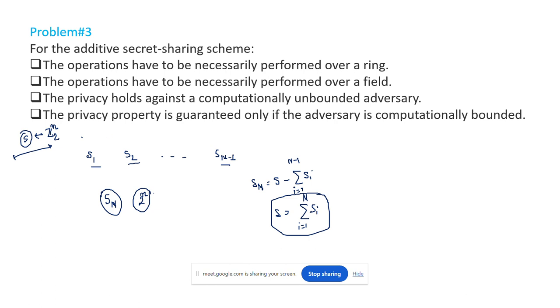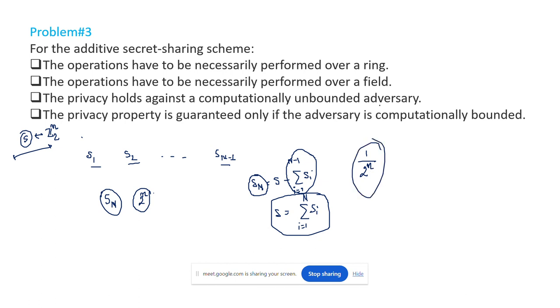Even though say the first n-1 parties are corrupted, so the adversary knows each of the values S1, S2 to Sn-1, it can compute this summation part, but it does not know S. So it will have absolutely no information about Sn. It will win only with probability 1 by 2 to the power n, which is negligible.